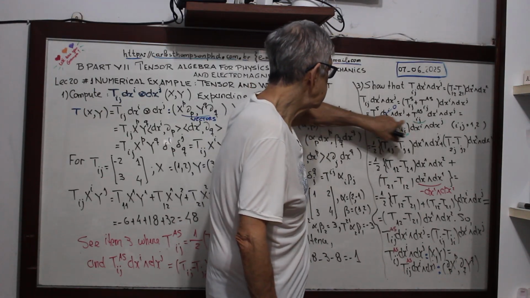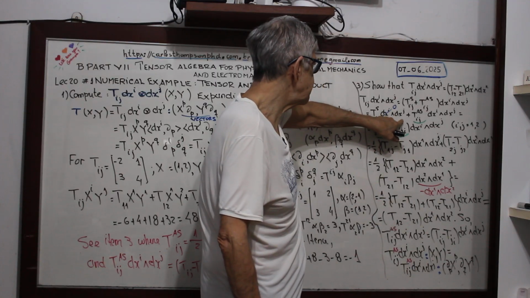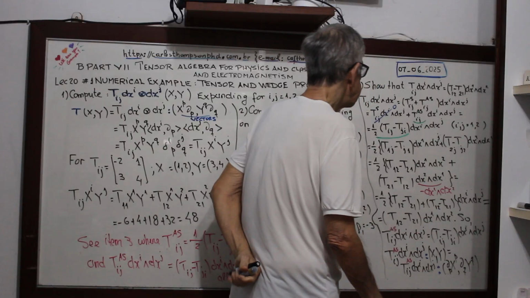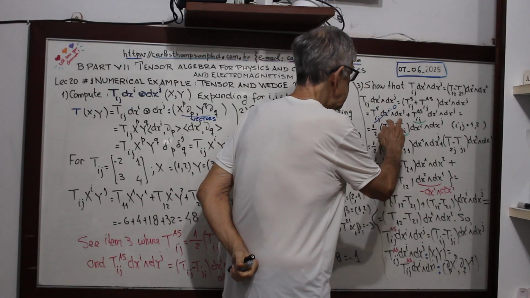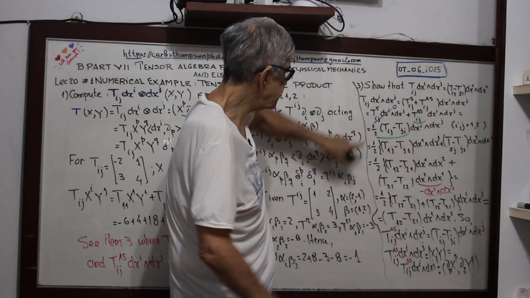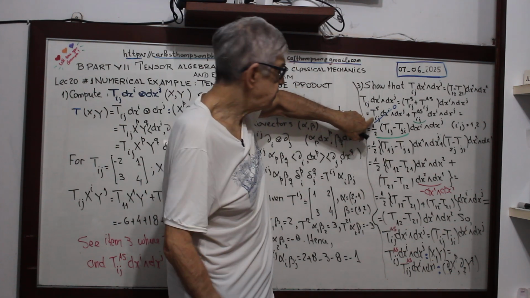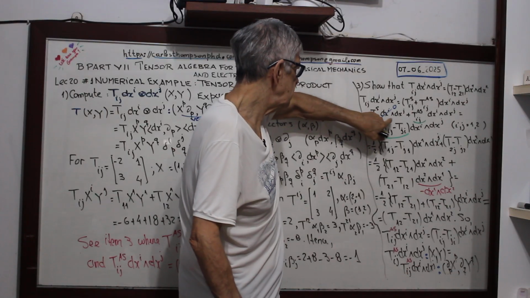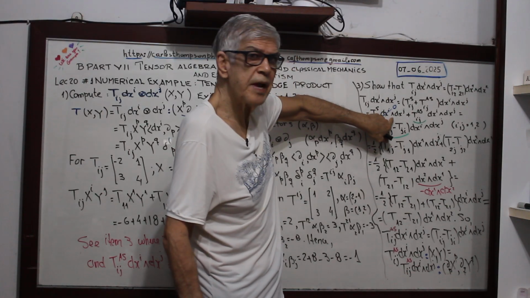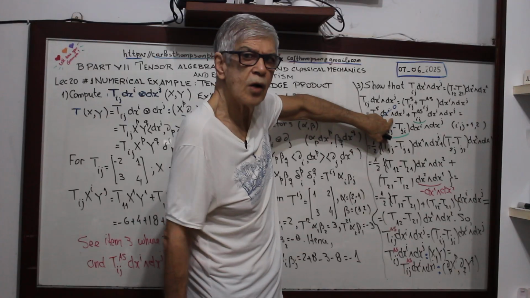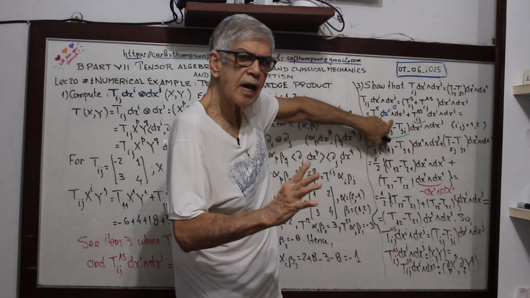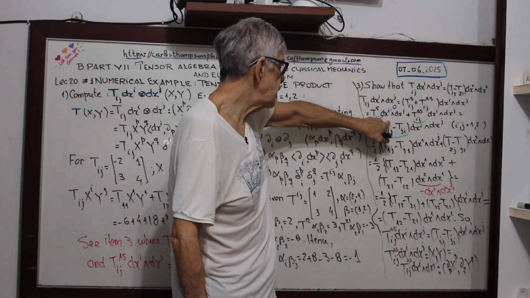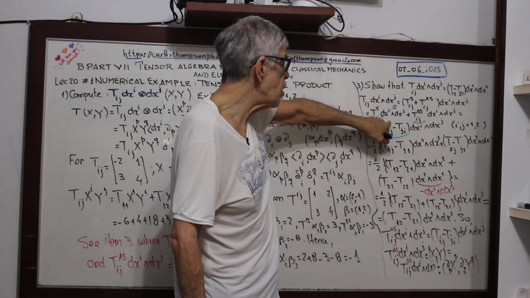Now, if I expand dx^i wedge dx^j, the symmetric part here will be 0. Attention now: the symmetric part times the antisymmetric part will always be 0.